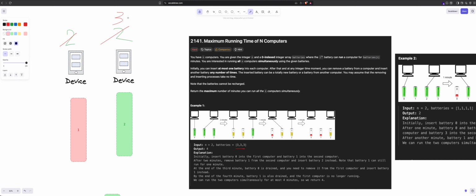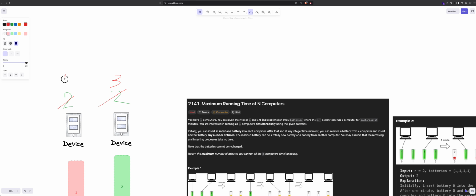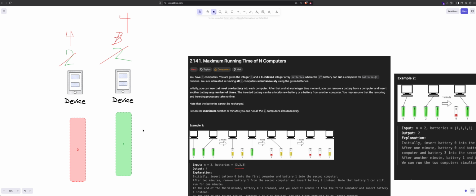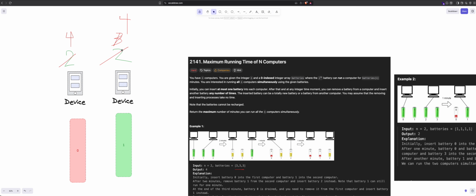I will just draw it as a 4 here, and this will also become 4, and this will become 0, and this will become 1. We want to know the total simultaneous running time for the PCs, so the result is 4, what we got. Then that is the output.